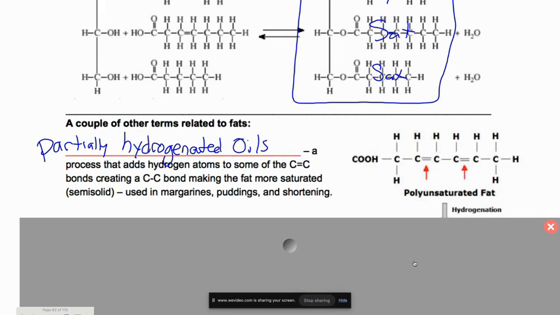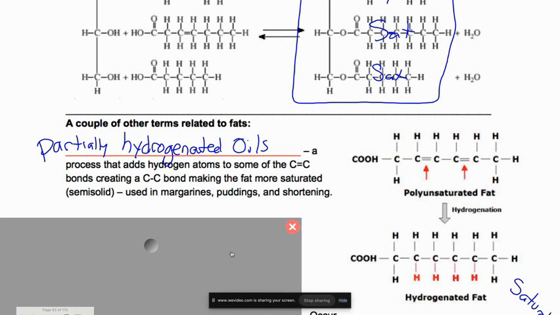Margarine is a plant-based product. It's really easy to grow something like corn that produces a fair amount of unsaturated fatty acids, but I can shoot hydrogens at that oil and trick some of those carbons into breaking their double bond and adding single bonds, creating a product that behaves like a saturated fat.